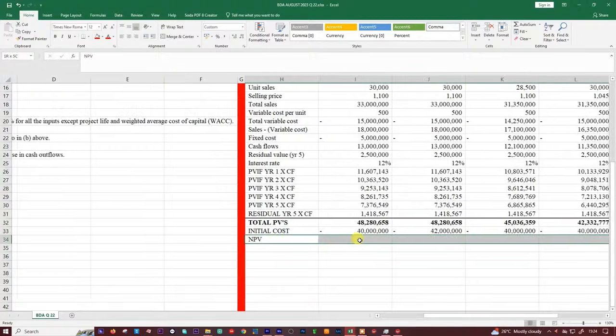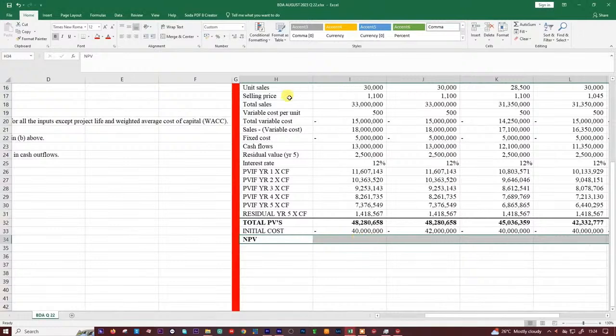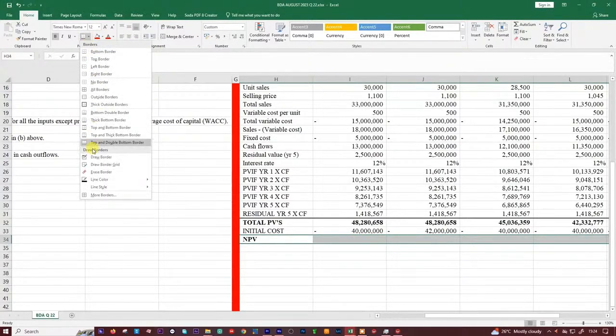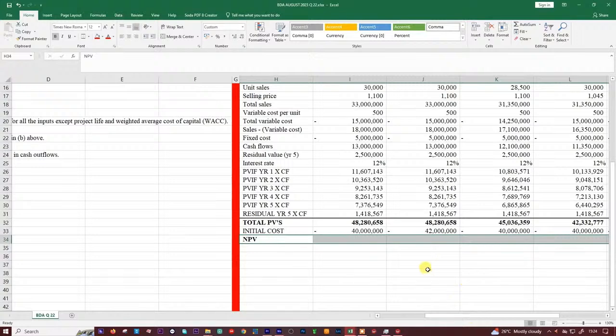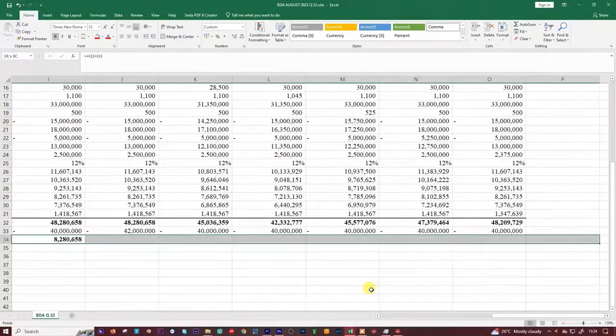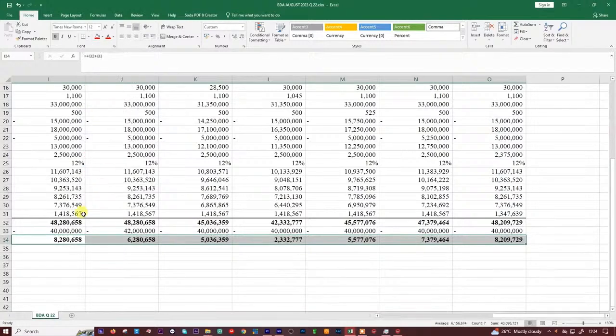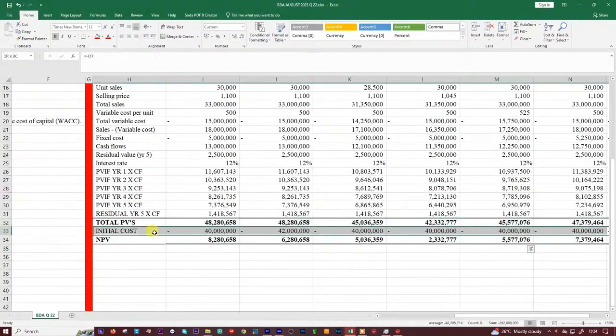Put it, Control B, then you put a top and bottom border, plus, then it may not be very clear, so I put that thick border there, and then I put also this other border here, with your permission.